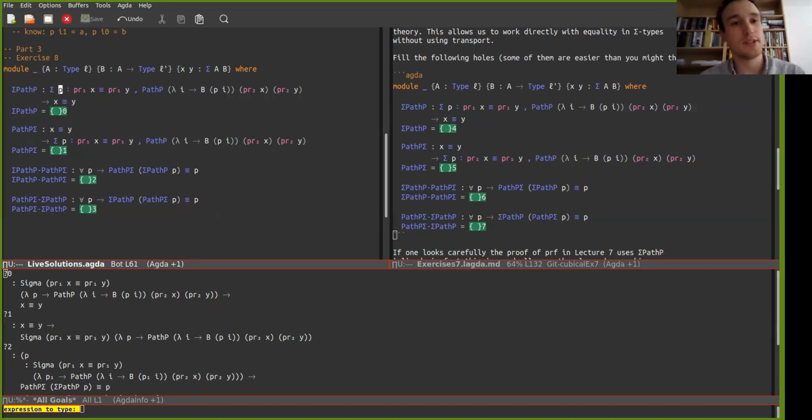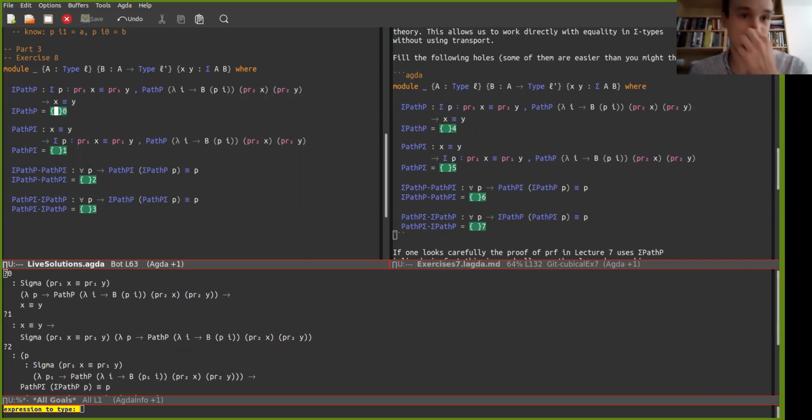In particular, it tells us that two elements x and y in the sigma type, so those are pairs, are equal or have a path if and only if there's a path between the first projections, and over this path, a dependent path of the second projection.